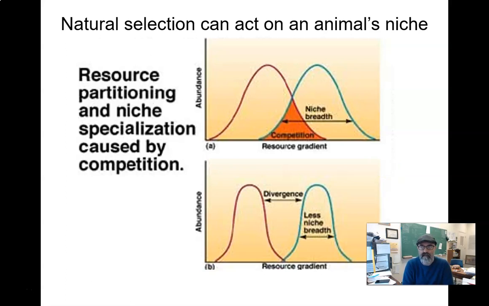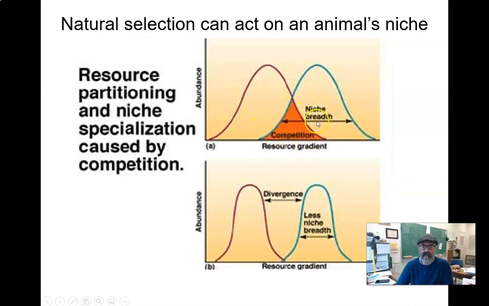If these species, say for example, the height on the tree, if one species lives low on the tree, another species lives high on the tree, but they have this huge area overlap, right? That's going to be the area where they are going to be competing for sunlight. They're going to be competing for the food source.